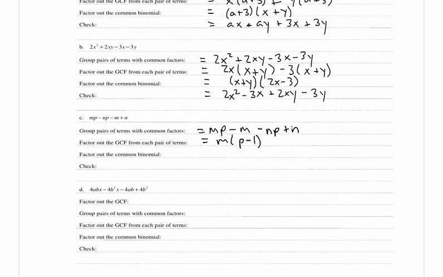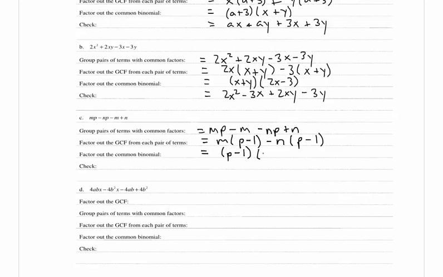In the second two terms, I'm going to factor a negative n out, so my p is positive, just like it was for the first two terms. So I have negative n factored out, and I'm left with p minus 1. And now we want to factor out our common binomial, and that's p minus 1.